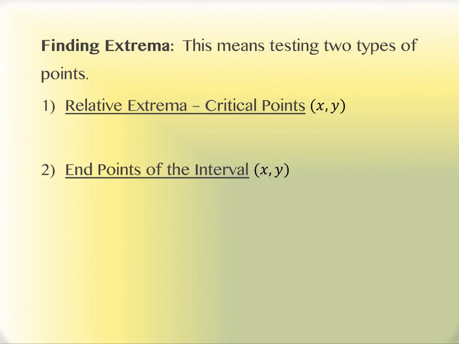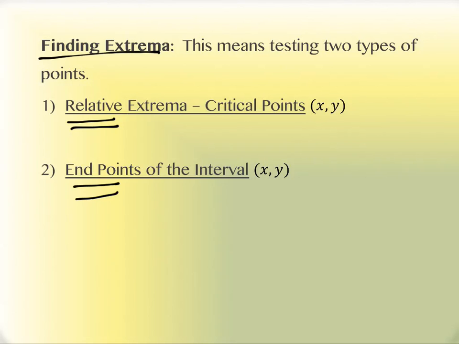All right, we're going to take a look at what this means. In order to find the absolute extrema, so if you're asked to find the extrema, we actually have to test for the relative extrema first, places where we have these maximums or minimums in the local areas. And then we have to test the endpoints second. So there's two things we have to test. We have to test exactly like we were doing on problems 1 and 2.